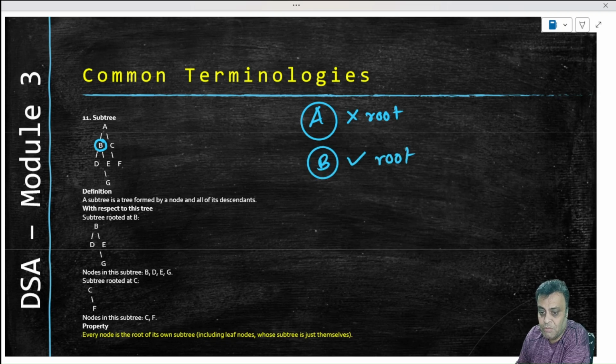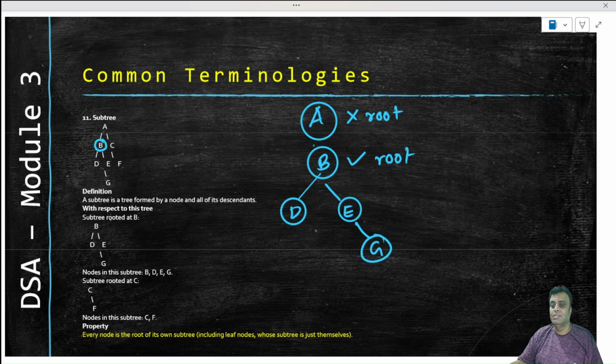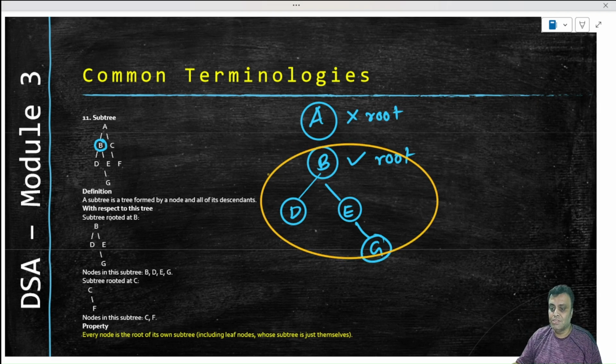So if B now becomes the root, then the tree from B will be all the descendants of B. D to E, E to G. This is what is a subtree. Why is it a subtree? Because this tree is already inside this tree. That is why it is a subtree.